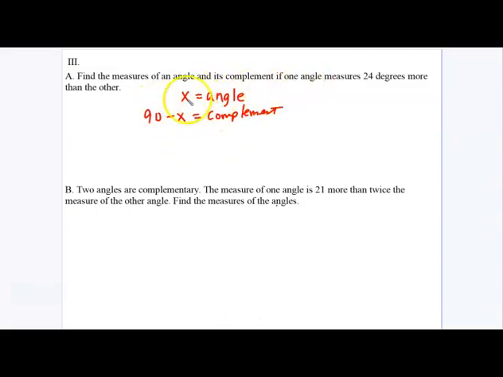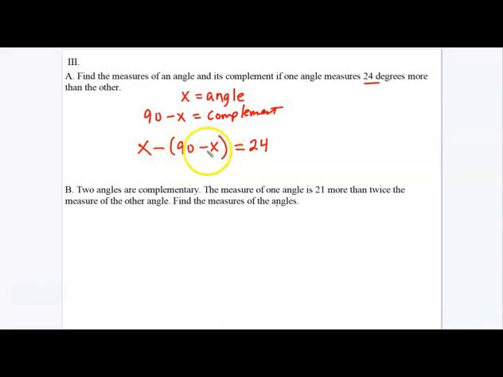So these two angles differ by 24 degrees. Another way you can look at it, they are different by 24 degrees. That sounds like subtraction. So if I take an angle and I subtract its complement, the result should be 24.